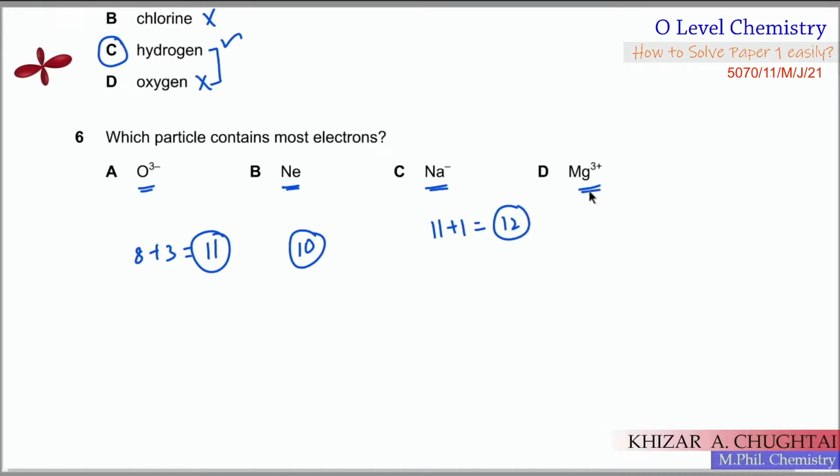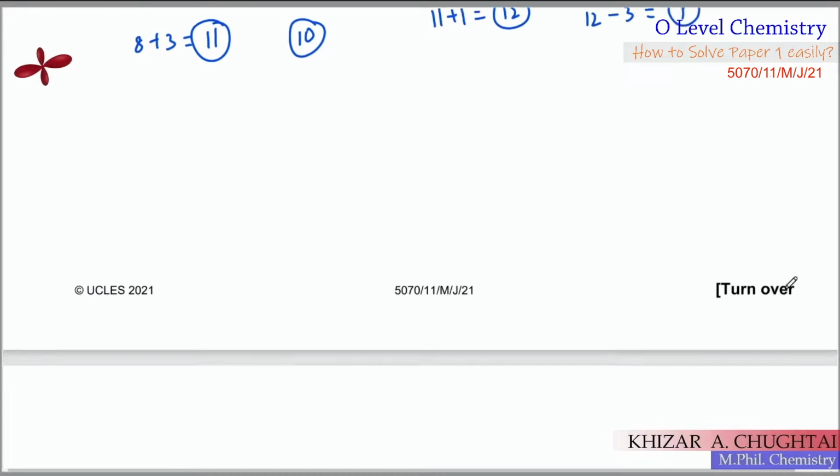Magnesium 3 positive ion: initially magnesium has 12 electrons, and by the removal of 3 electrons, it now has 9 electrons. So the particle which has the most electrons is the sodium negative ion. You can perform a simple calculation by checking the atomic number and then finding the number of electrons.